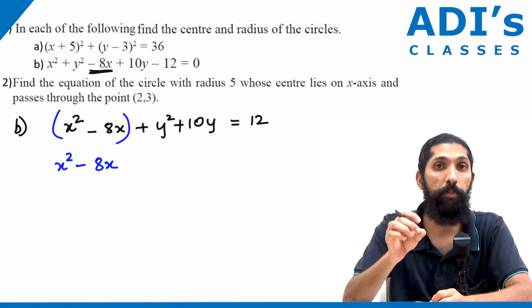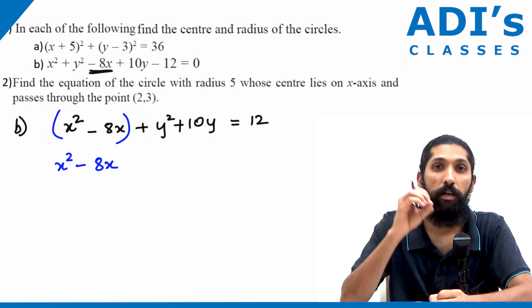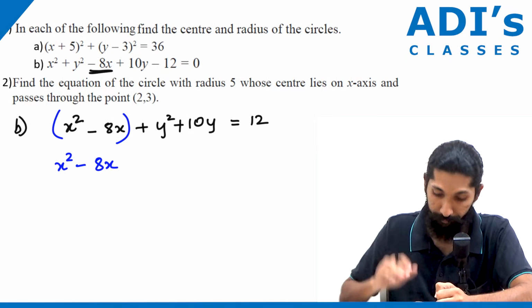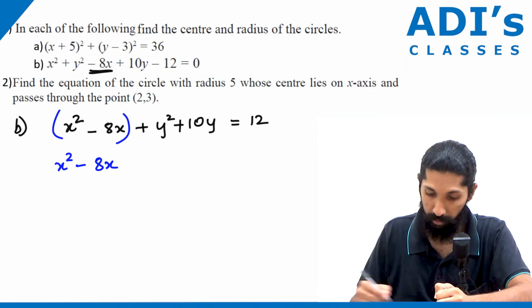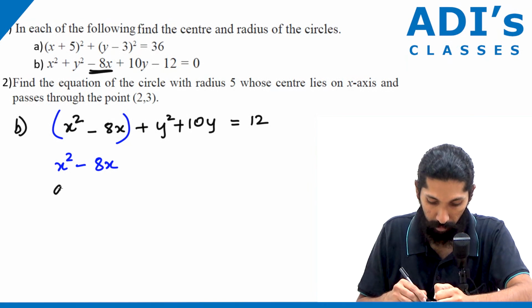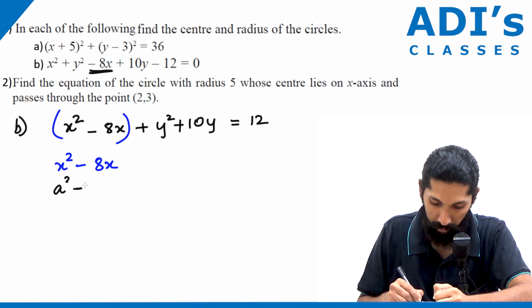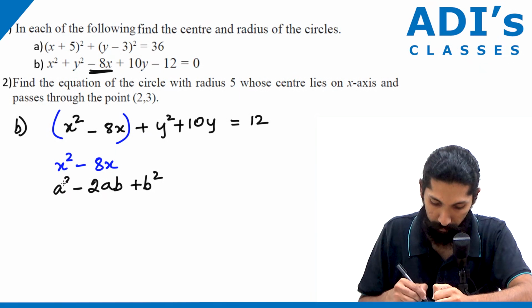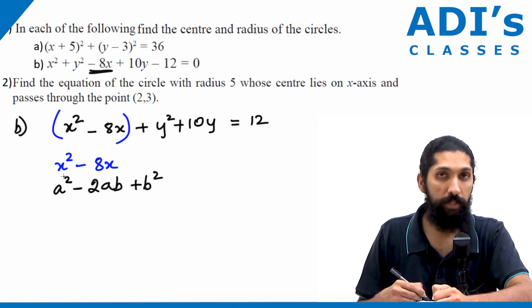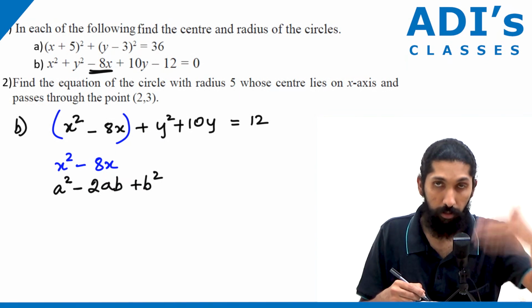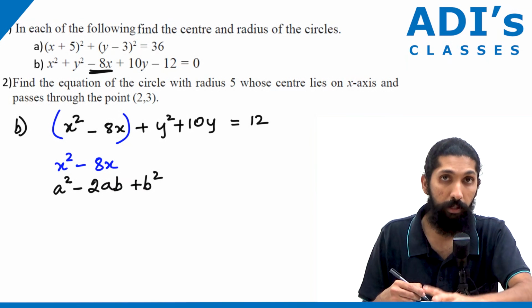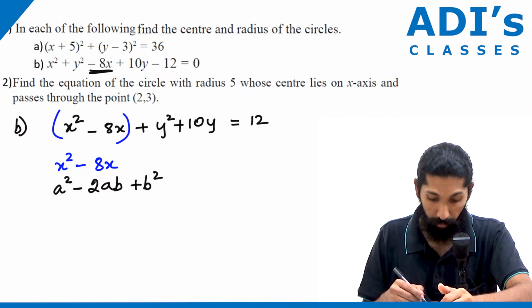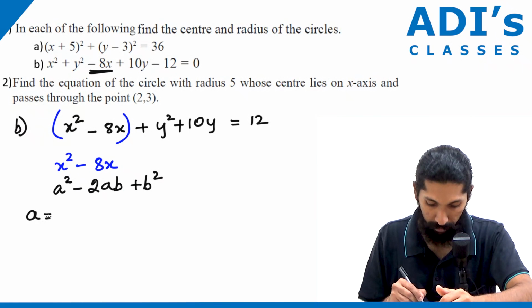So you compare this with a square minus 2ab plus b square. Now the a value becomes x, because a square is x square. Remember, you're comparing, not equating. So when you compare, the a value becomes x.